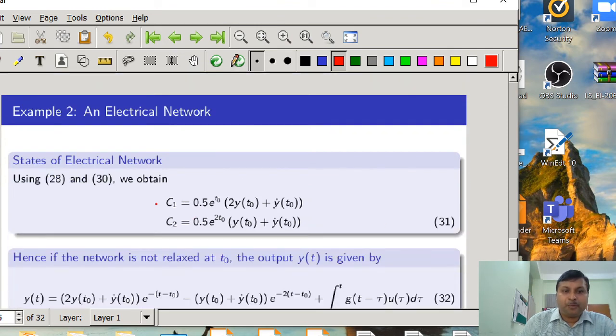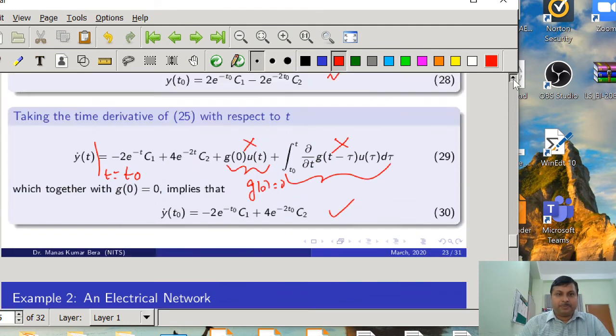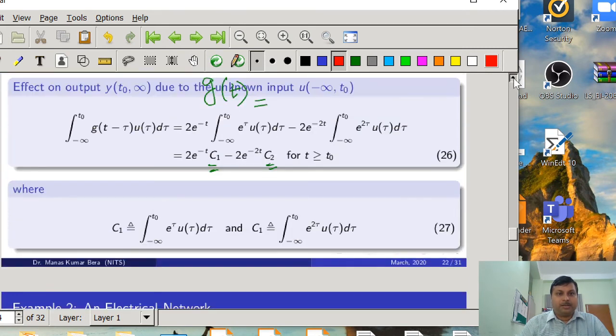Here you see we have computed C1 and C2 using 28 and 30. This is an alternative expression of C1 and C2. Previously we got the expression of C1 and C2 earlier, let us see equation number 27. But from there it is not understandable how C1 and C2 depend on the physical variables of the network.